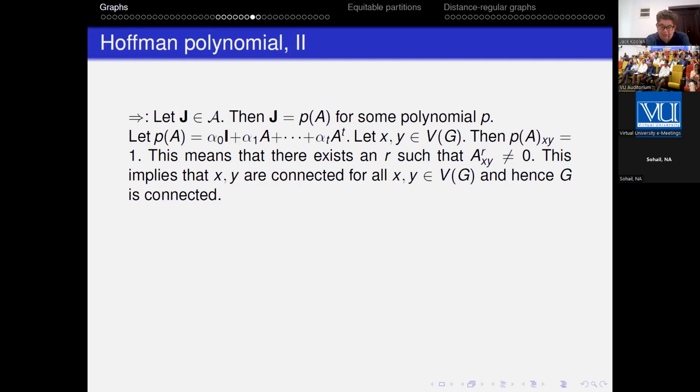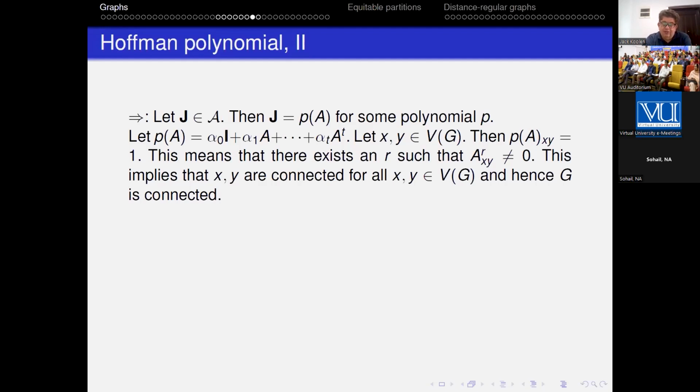Yes, so we have the O1 vector, and then we can write it as a sum of powers in A. Then P(A), if I look at the XY entry, is 1, yes, because that is by definition.